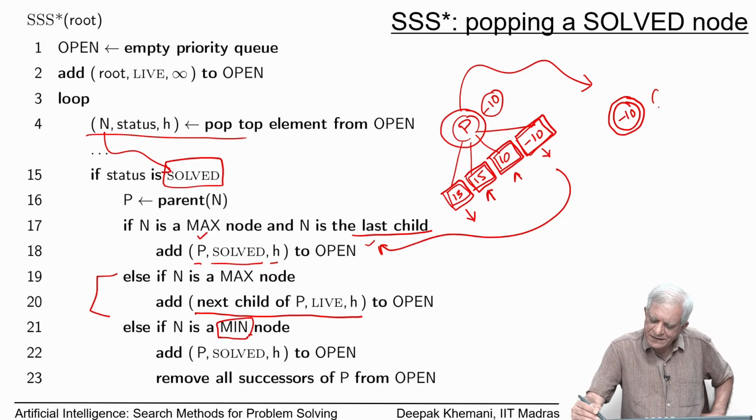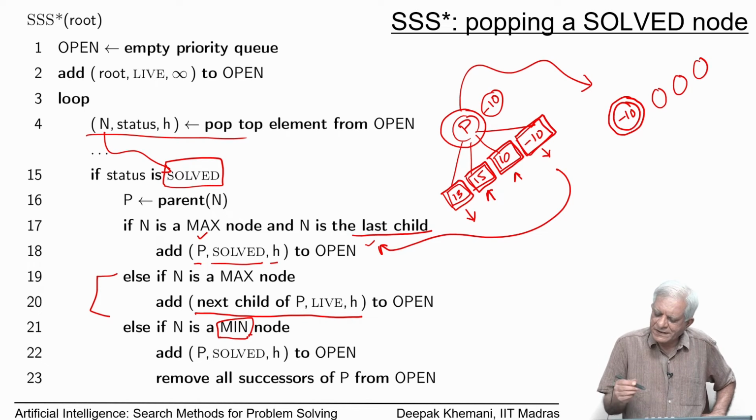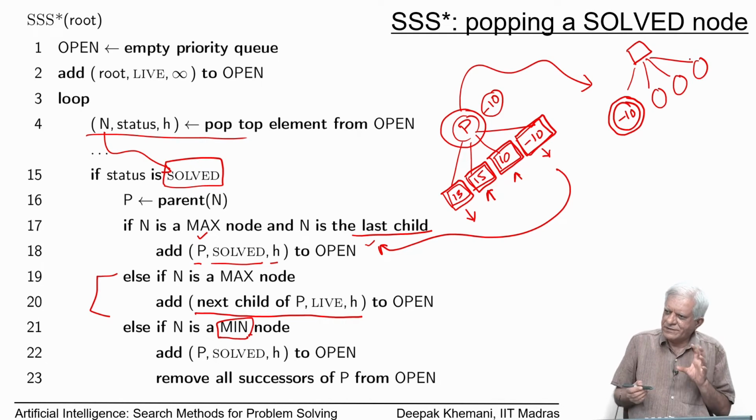Supposing there were other min children of this node, other min siblings of this node, those siblings would have a value of less than minus 10, because minus 10 is at the head of the priority queue, and there is a max parent sitting here. Okay. This max parent says, okay, the best value I can get from its min children is minus 10. Why do I again repeat this?